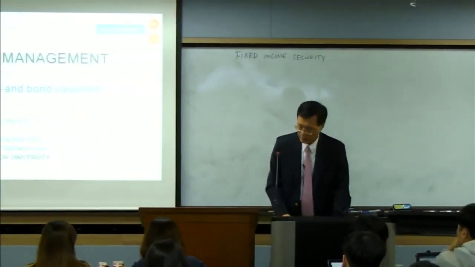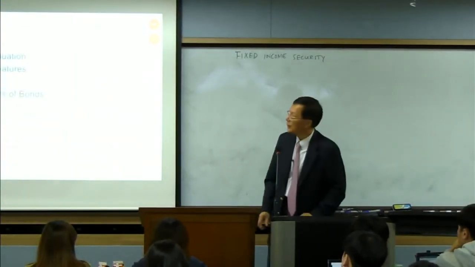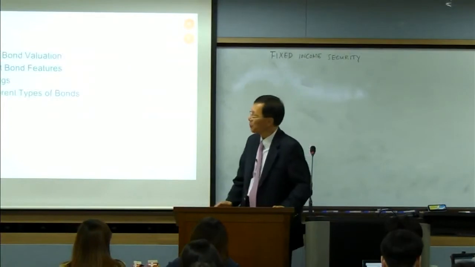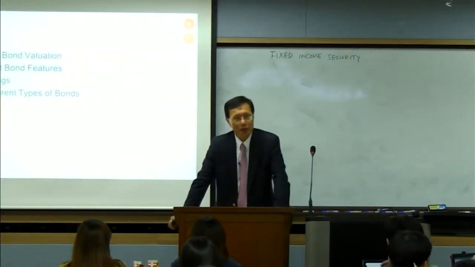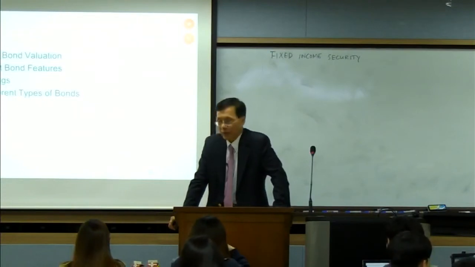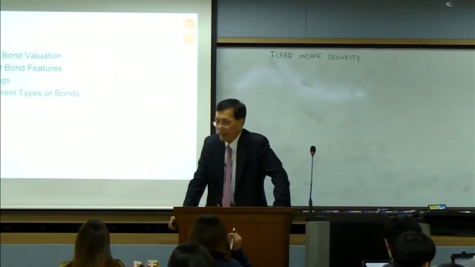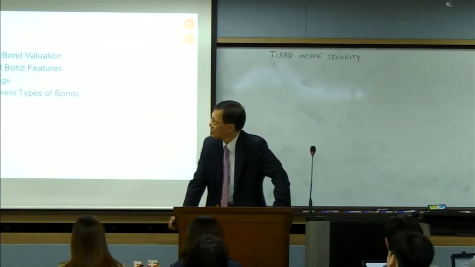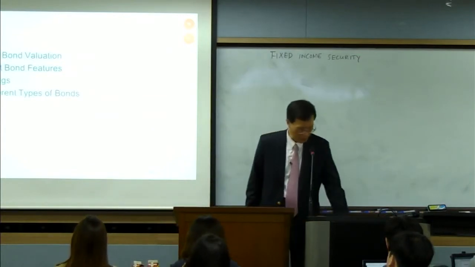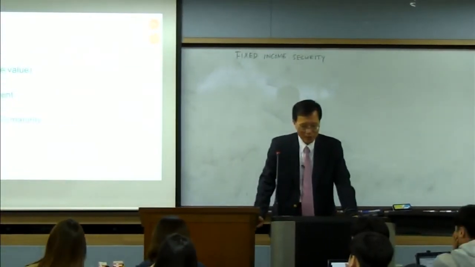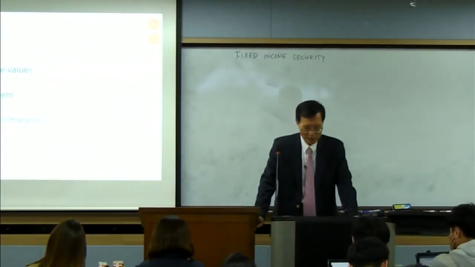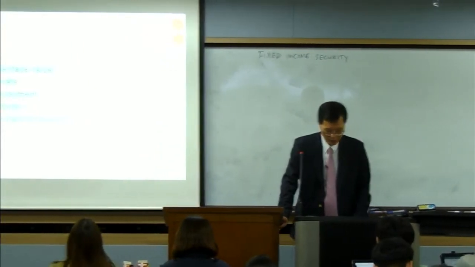Last week, we discussed bonds and bond valuation, more about bond features. Then today and on Wednesday, we'll discuss bond ratings and some different types of bonds. We already know what a bond is: par value, coupon rate, coupon payment, maturity date, yield to maturity.